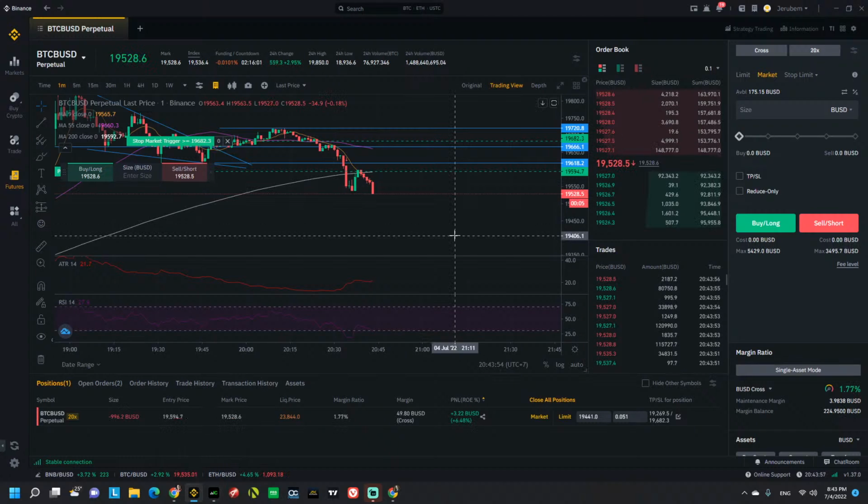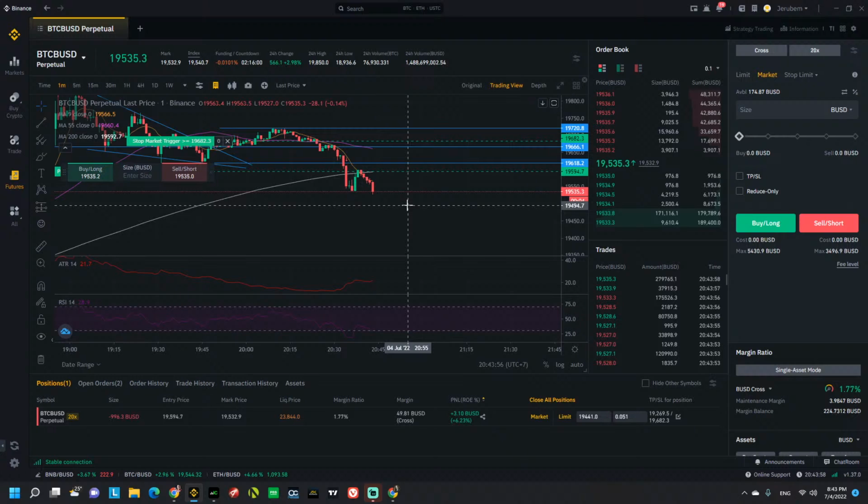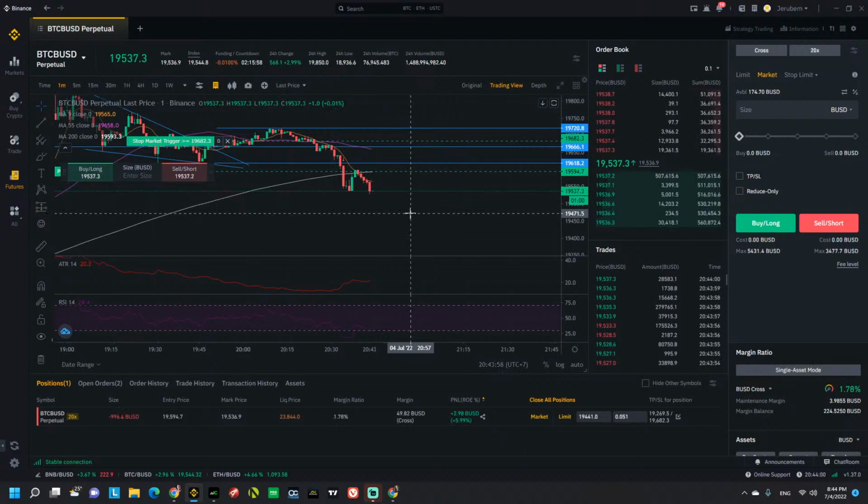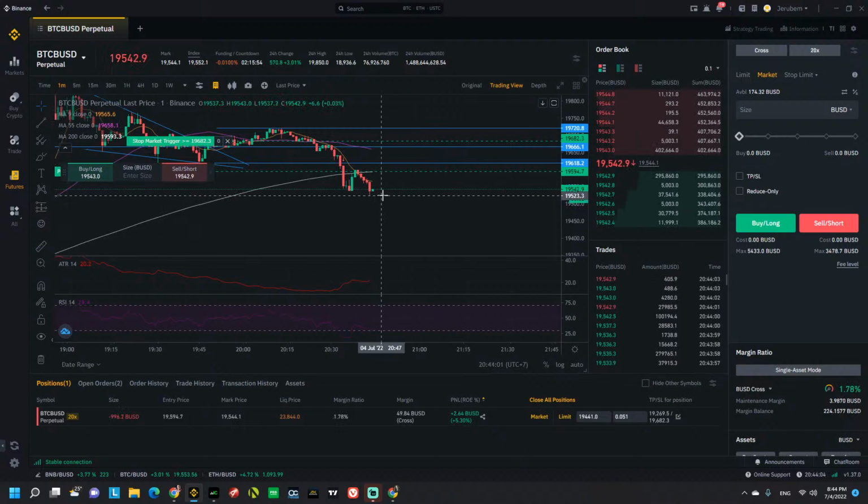Okay, we're going down. Let's see. Okay, just keep the green small. It did not really break it, broke it and then put a wick. So this made a small support here.